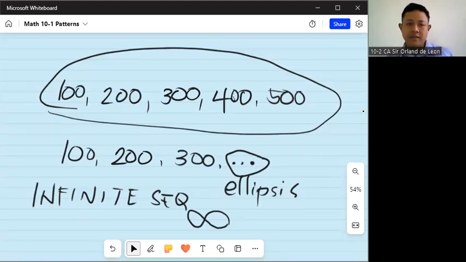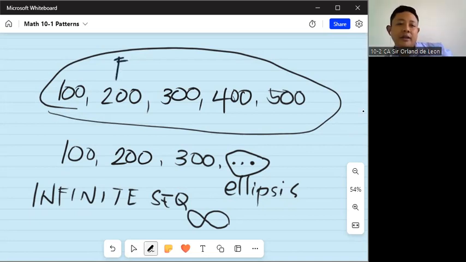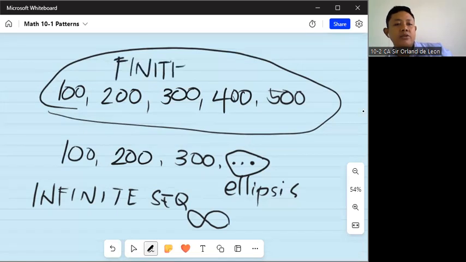If the one with the ellipsis is infinite, what is the term used to call the sequence with an ending? Let me hear it from, yes, Leah. Finite sequence po. Very good. That's correct. Some call it finite, but most mathematicians call it finite sequence.